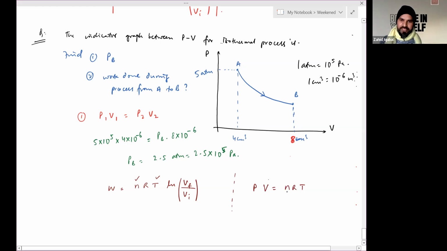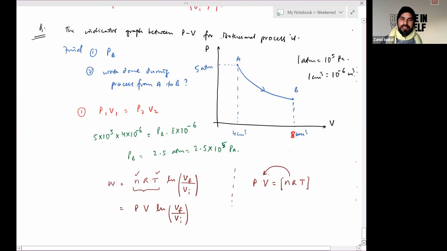So instead of finding the value of this part, just place the values of P and V for any one coordinate, either A or B, and it will give you the same result. So this quantity will be equivalent to PV ln V final divided by V initial. Safullah, is it clear?